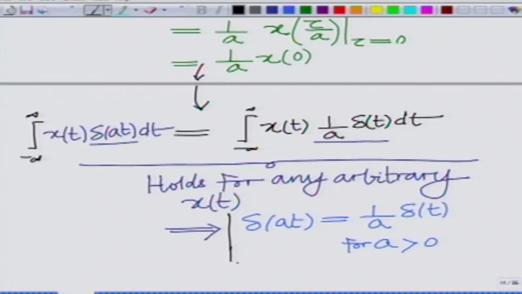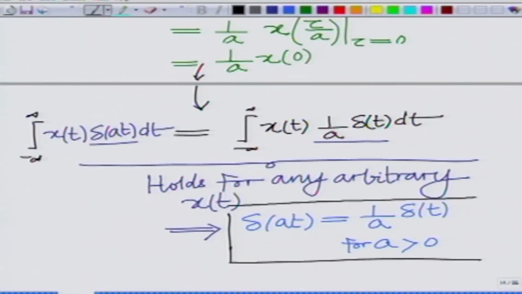So, delta a t equals 1 over a delta tau for any a greater than 0.